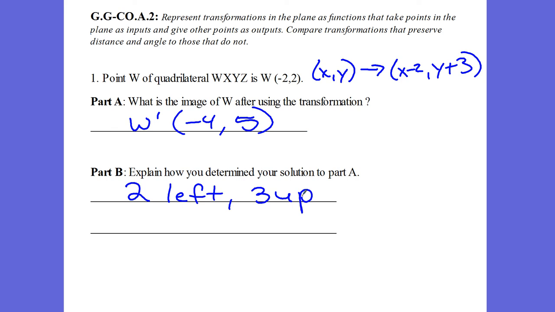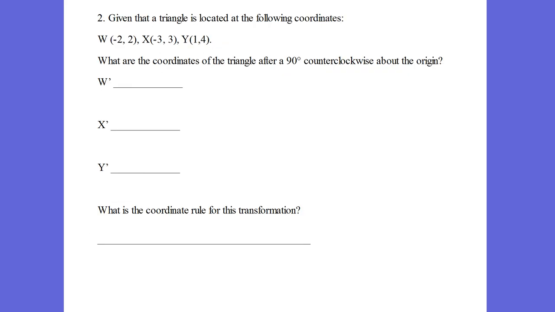All right, so let's take a look at the next problem then. Given triangles located there, hopefully I did not mess up this one again. Okay, at those coordinates, what are the coordinates of the triangle after 90 degrees counterclockwise about the origin?